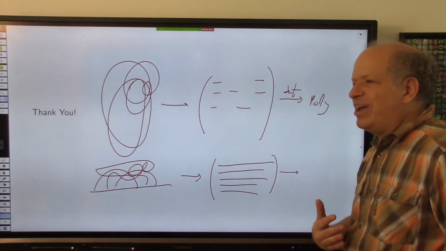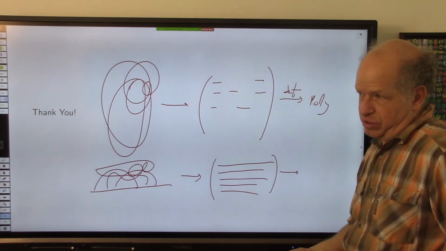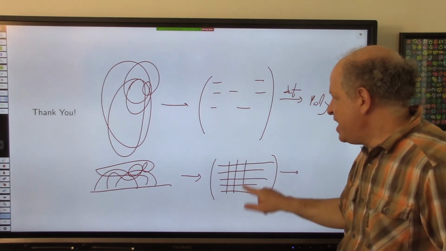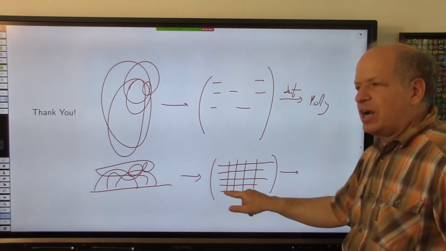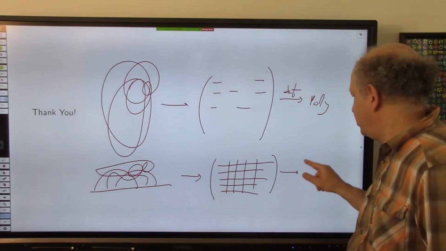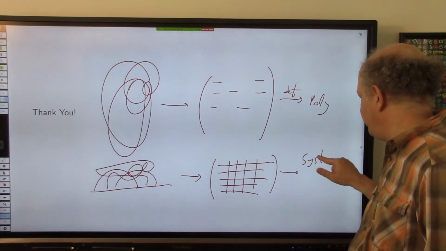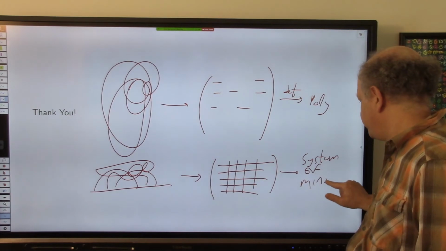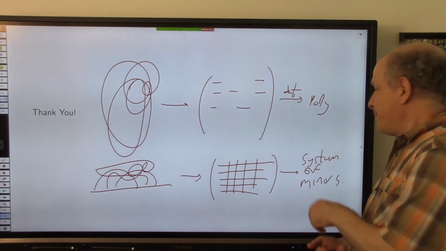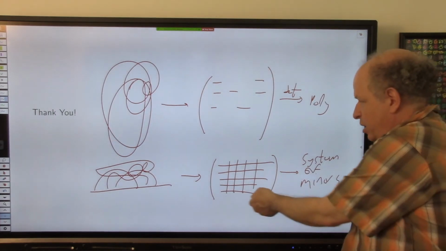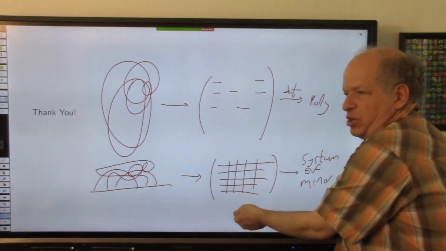Instead, you have a large system of minors. So whenever you choose an equal number of columns as you had rows, you get a determinant. So instead of a single polynomial, you get a system of minors. Those minors are organized by choices of columns.